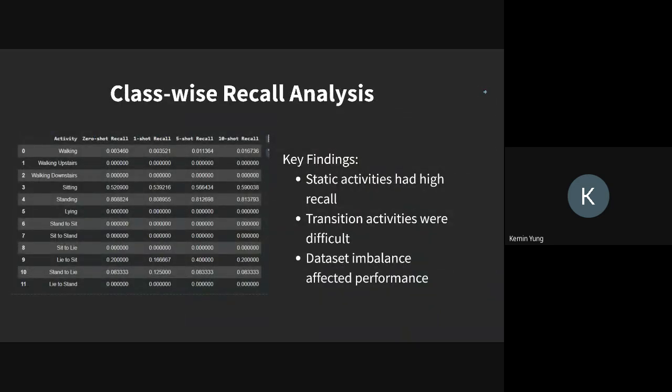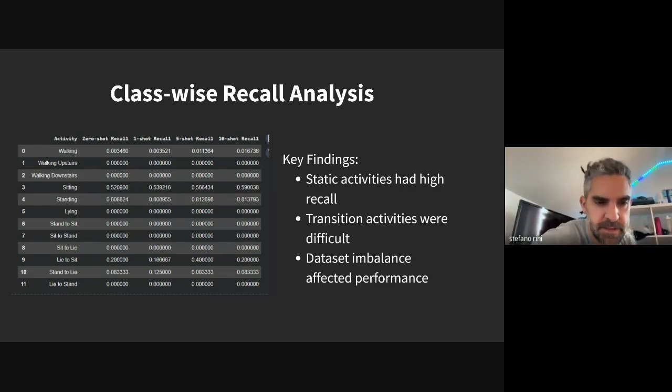We also analyze class-wise recall. Static activities... Zero-shot recall, one-shot recall, 5-shot, 10-shot recall. Yeah, you see here what I was telling you before, right? That the sit to lie and the lie to stand, and also the sit to stand, all these are transitional activities. There are very, very few samples, right?